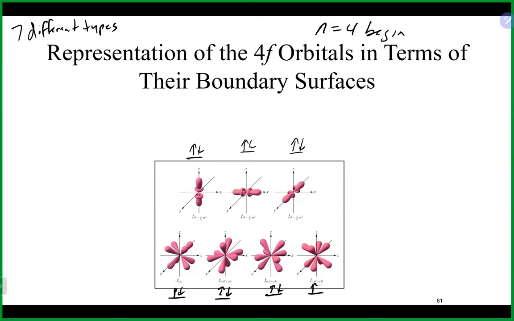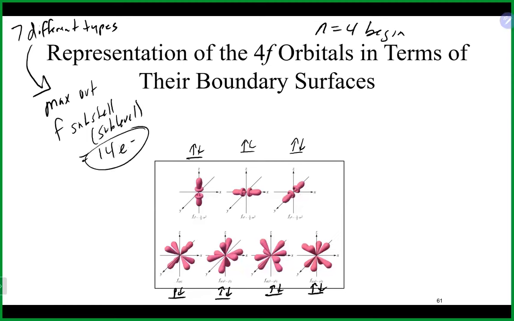And you can see they kind of look like a mixture of our d orbitals, a couple of those d orbitals together. But since you can have 7 of them and each one can hold 2, if you max out the f subshell, our sublevel, you will end up with 14 electrons.